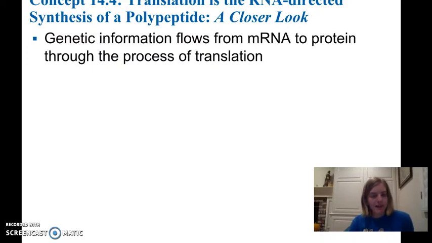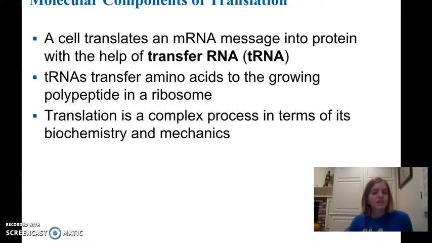So the cell basically is going to read the genetic code and build a protein from that, and that message is found in the mRNA. It does that through the help of something known as transfer RNA, or tRNA, and tRNA acts as the translator.